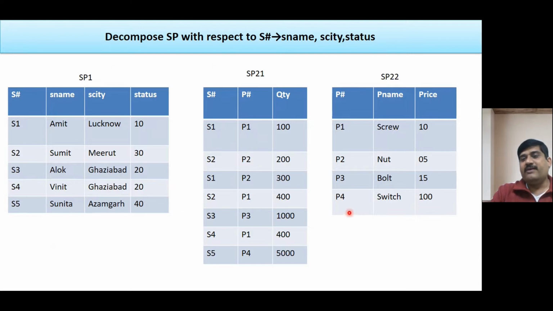And suppose we want to store the information related to a part which is not being supplied by any supplier, we can easily insert that information into the SP21 table. In this way, we remove insertion, deletion, updation anomalies through decomposition.